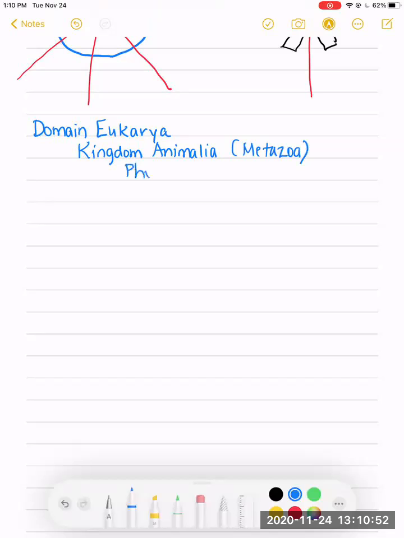And then phylum Porifera, and this includes the sponges. Sponges are the most numerous animals in the deep ocean, if you can believe that. There are at least 2,000 species of sponges, could be higher.